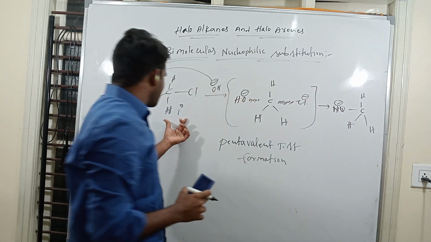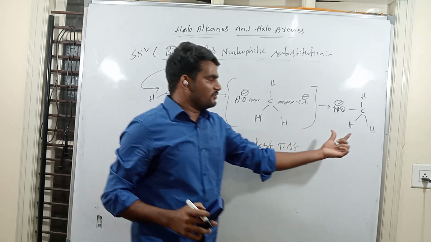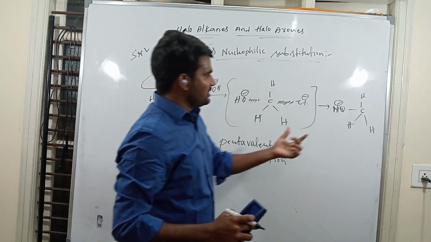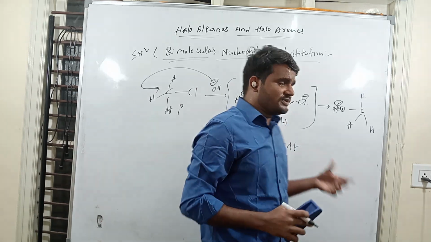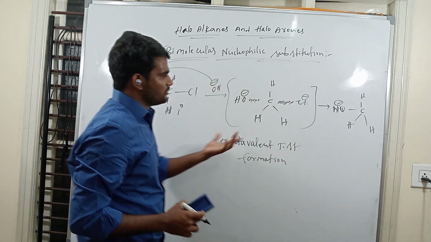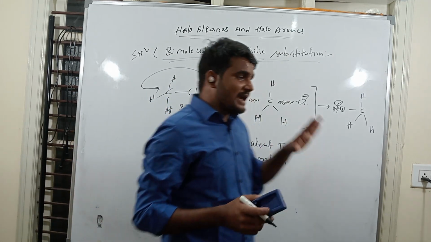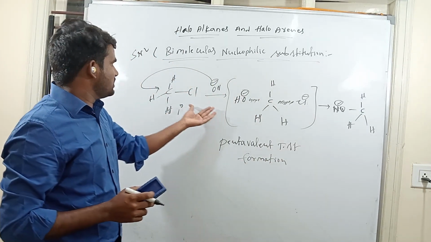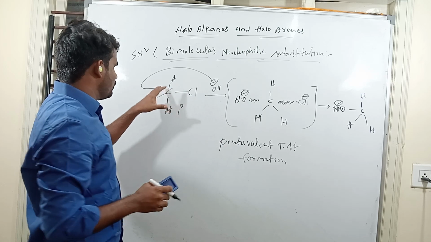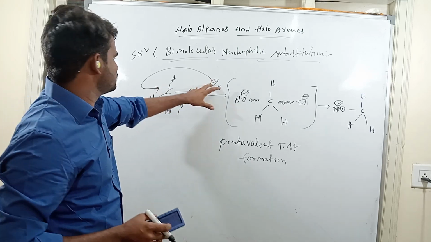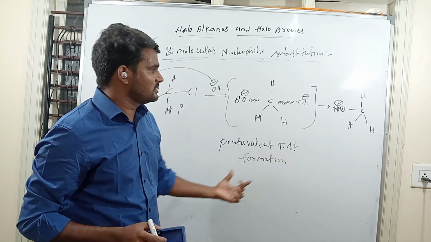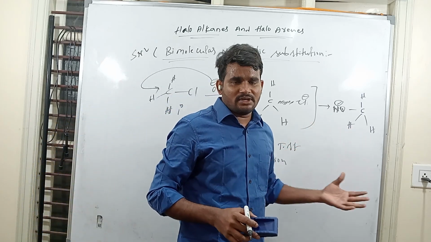If you take a chiral molecule, only then do you get the inversion product. If you take a simple CH3 molecule, we get only a simple molecule. But back side attack is possible in the SN2 reaction because there is no crowding. That's why back side attack forms a pentavalent transition state and always gives an inversion product.